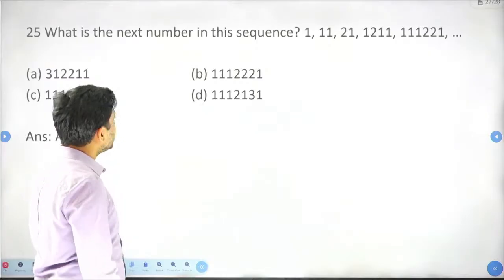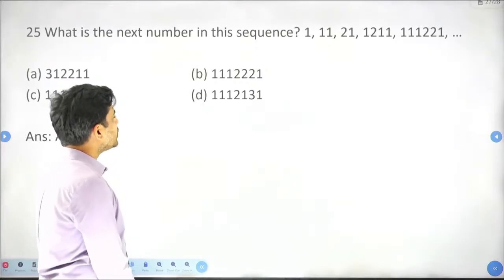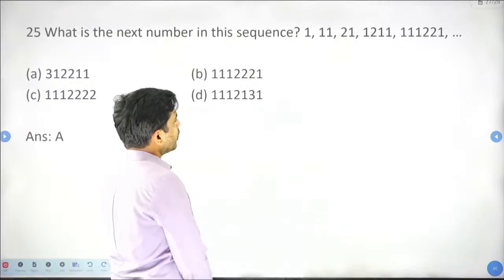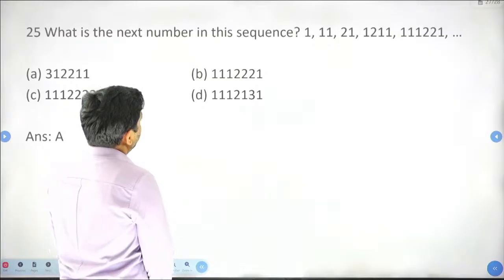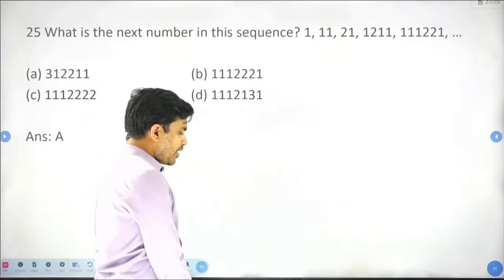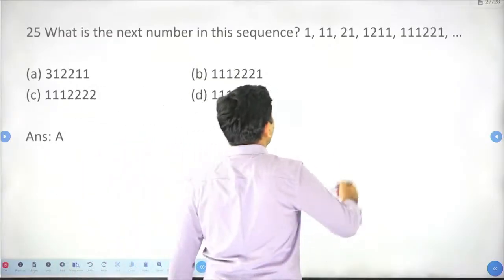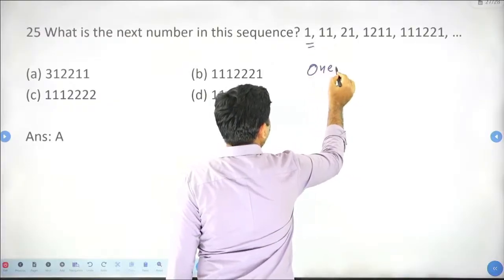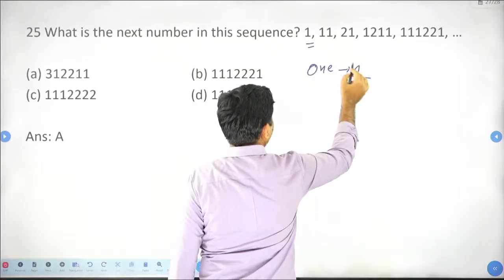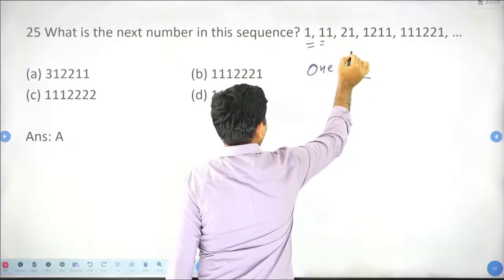So one last question. Sequence is 1, 1, 1, 2, 1, 1, 2, 1, 1. What is this first of all? It is a different series. 1. How many times it is given? Only one time. Write down this one.